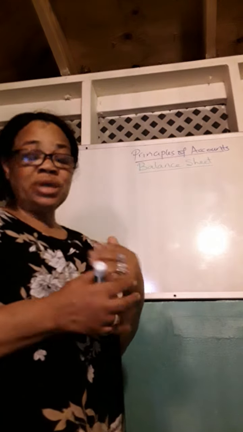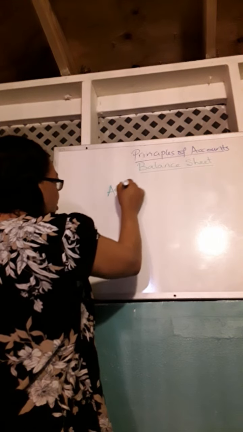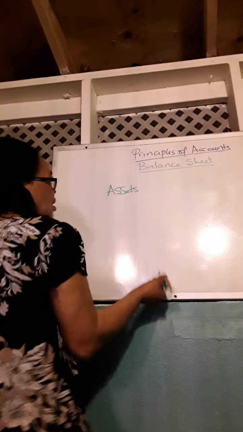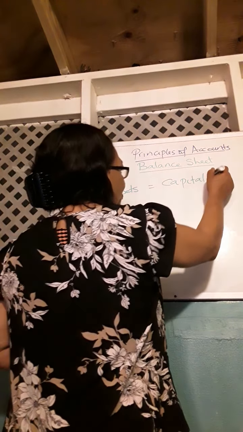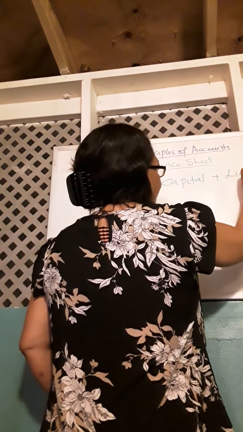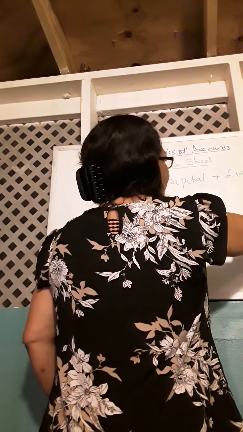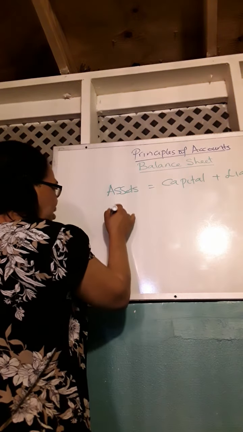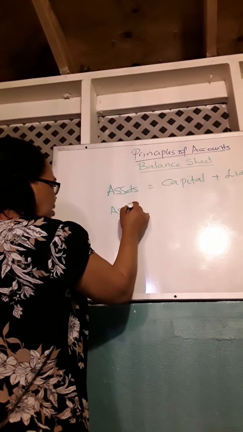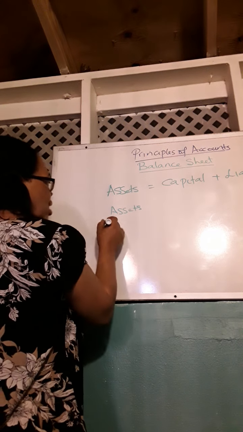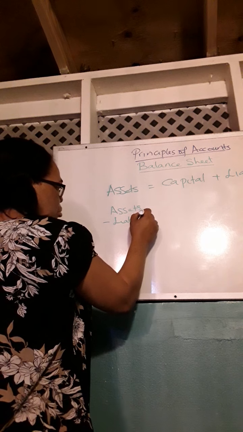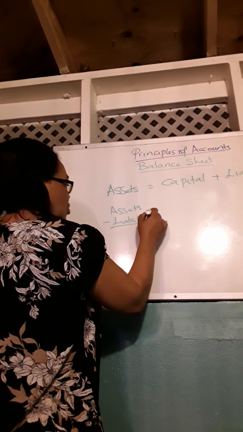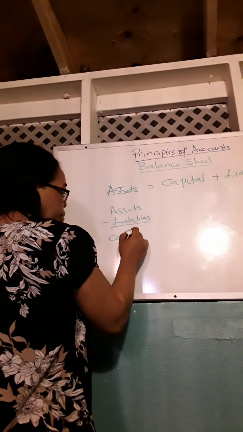Now remember, I showed you that we could take assets. This is my assets over here, and if my assets equal capital plus liabilities, then it means that if I take assets and subtract liabilities, my answer is going to be my capital.